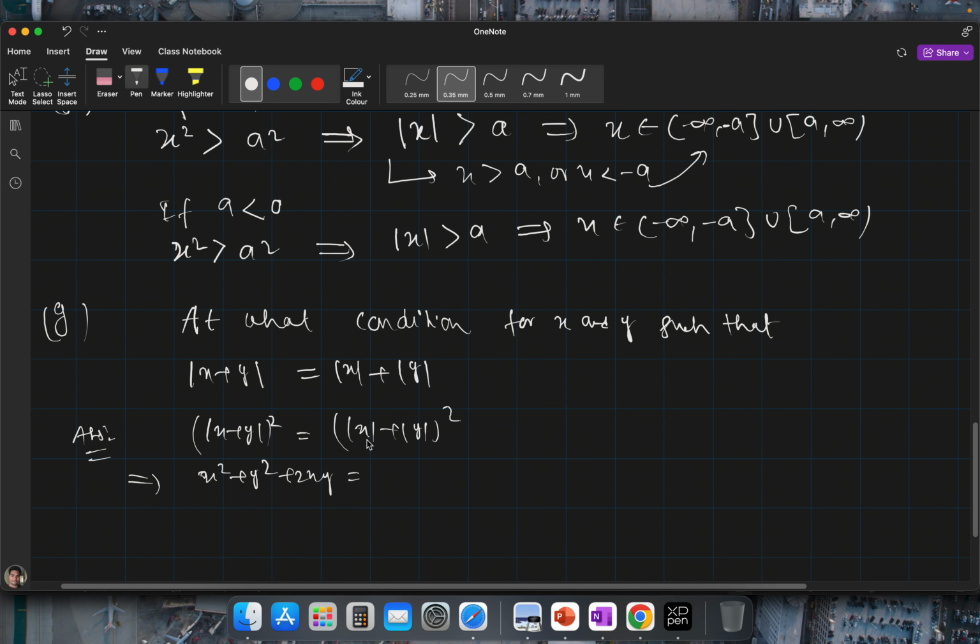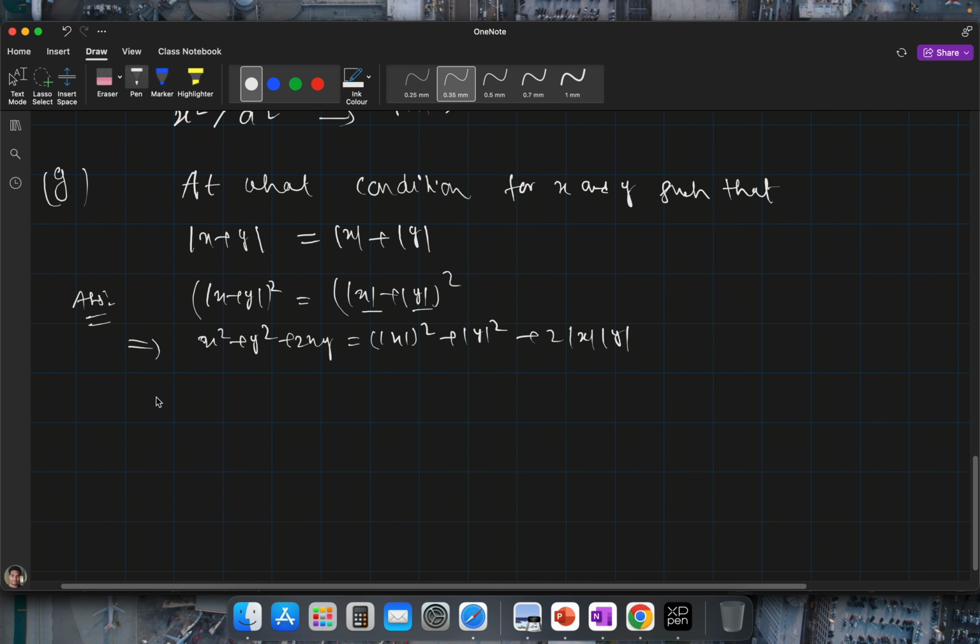And here again this is x plus y raised to the power 2. So this will be nothing but a plus b raised to the power 2. So that will be mod of x raised to the power 2, mod of y raised to the power 2, plus 2 times mod of x mod of y.